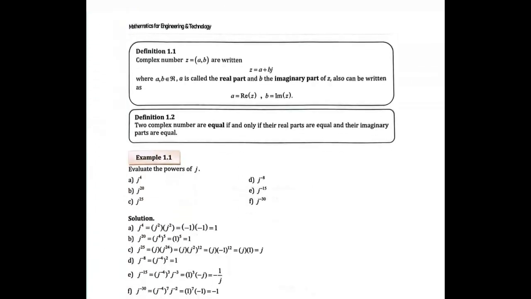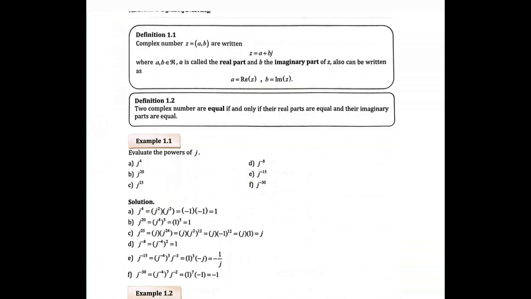According to definition 1.1, a complex number is written as z equal to a plus bj. Here, a is the real part and b is the imaginary part.